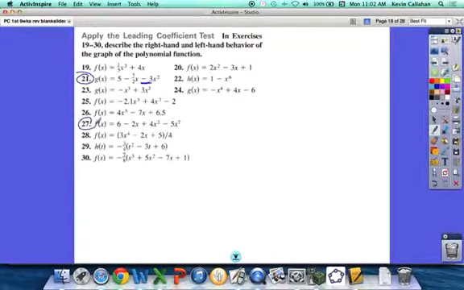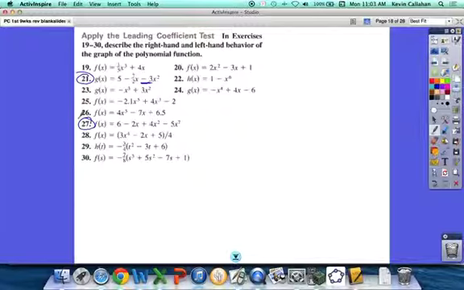27? Okay, 27, even better. What's the degree? It's 7, which means it's odd. And then the leading coefficient is positive or negative? It's negative, right? So remember, these things are true for all odd degree functions and all even degree functions. It doesn't matter if it's a 7 or a 1, it's going to have the same behavior.